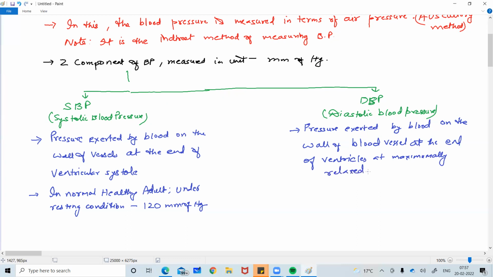At that time, whatever blood pressure is there, that is called diastolic blood pressure.